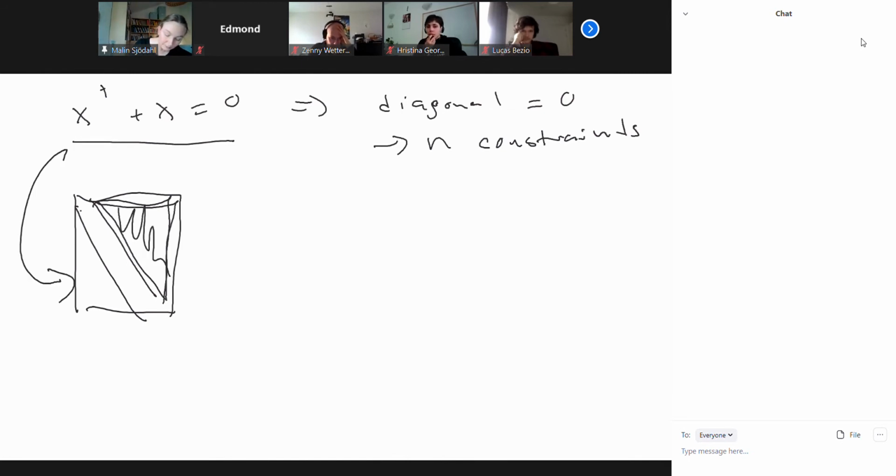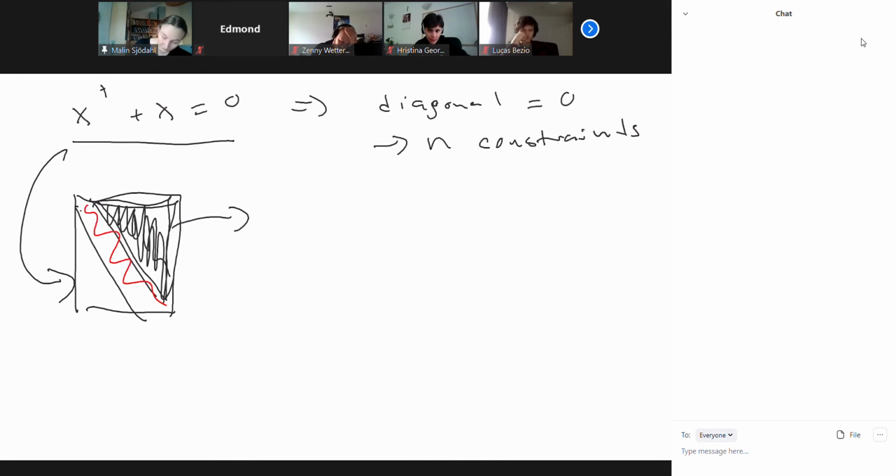So we must count how many degrees of freedom we have in this upper triangle. And in this upper triangle, first we have half of the remaining elements once we have subtracted the ones on the diagonal.